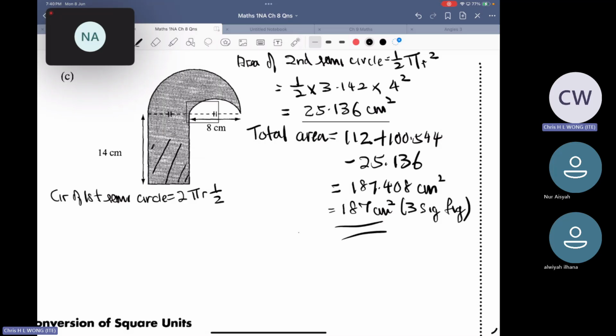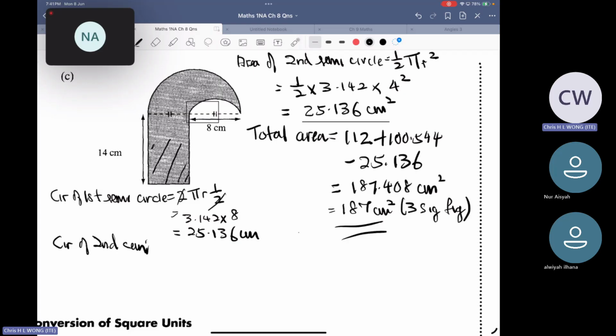Because half, isn't it? I cancel the 2 away, so forget about the 2, okay? 3.142 times r. R of the first one is 8. That will give me 3.142 times 8, 25.136 cm.